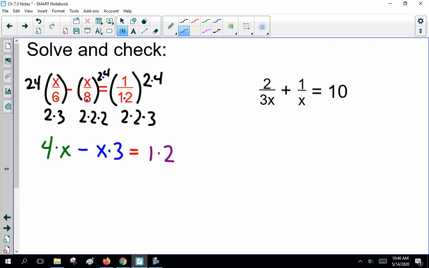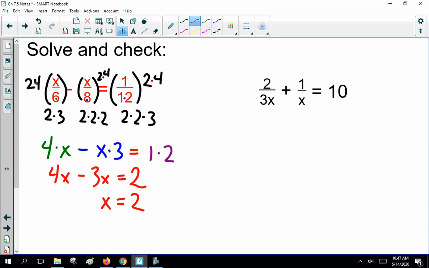So this whole thing, if we see that cheating shortcut, becomes 4x minus 3x equals 2. Now notice there's not a lot of steps there, but it's confusing and it's really easy to muck it. So 4x minus 3x is x equals 2. Okay? So that is a cheating shortcut.